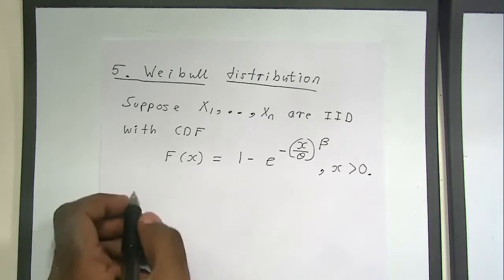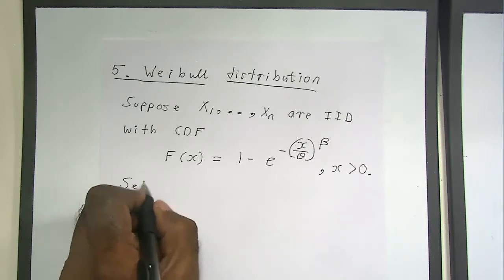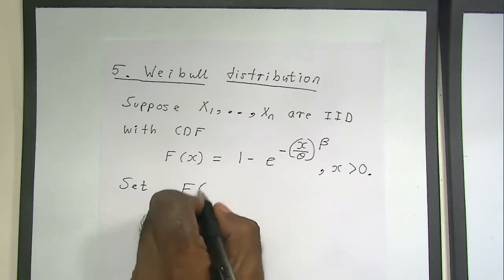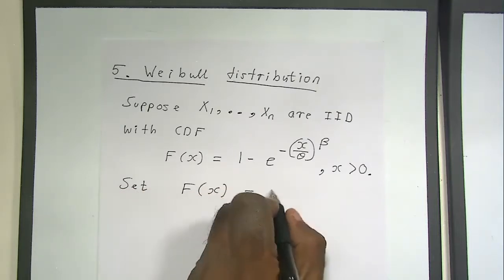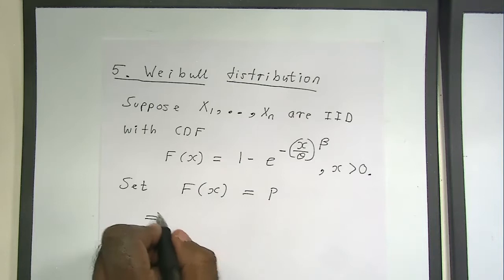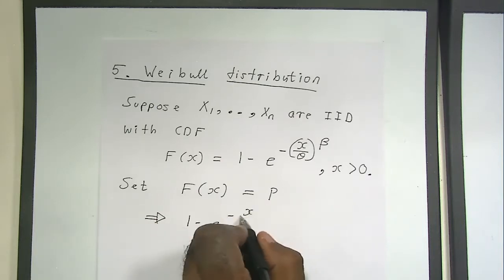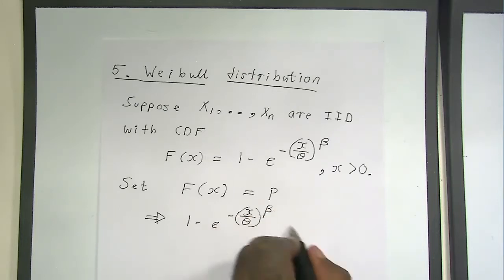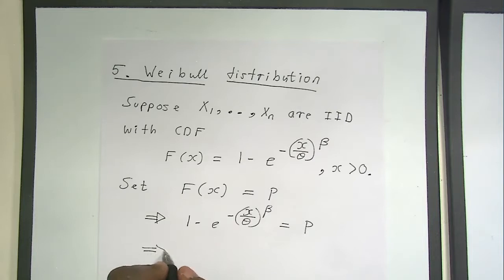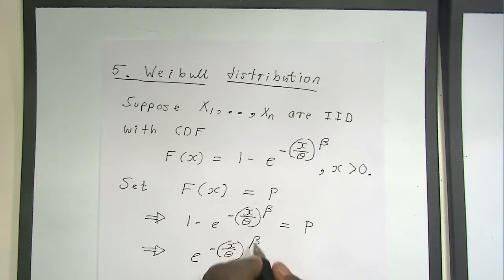So we want to set this equal to p, which implies this, and this implies that this.